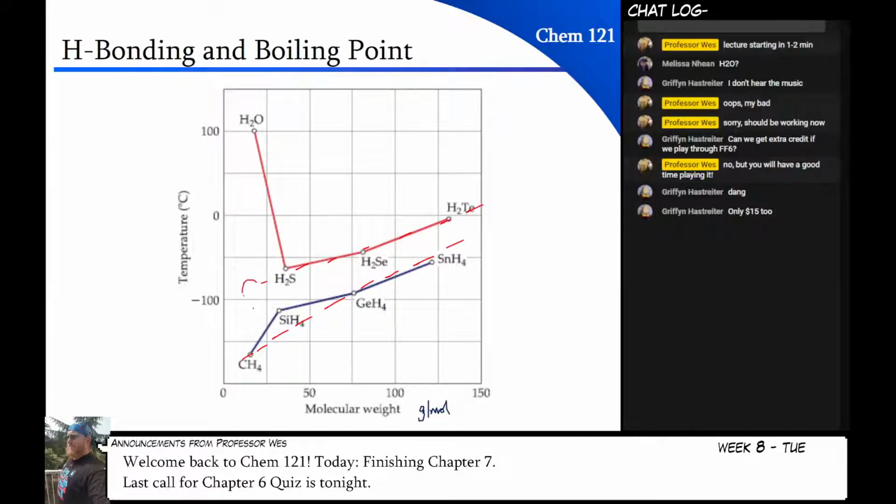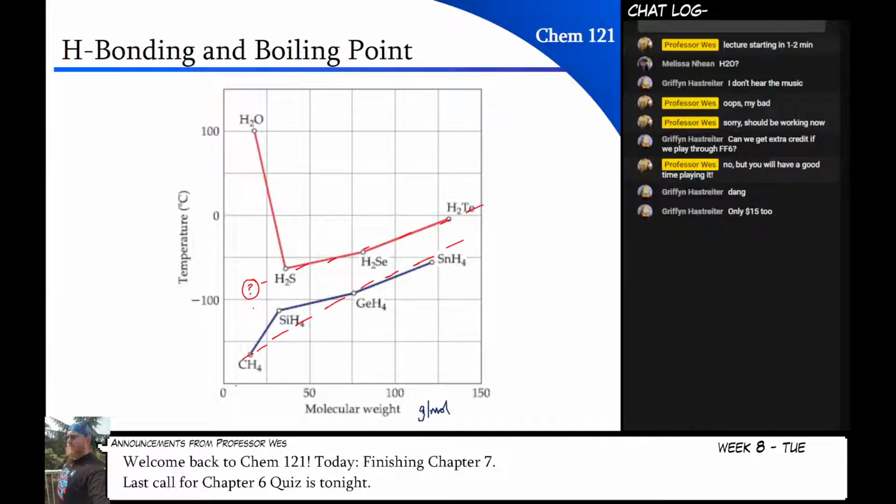Apparently, PowerPoint has given up on any attempt... There we go. To try and draw properly. So in the next slide or two, we're going to talk about how mass is related to boiling point in just a second. And it's probably not in the way that you think.